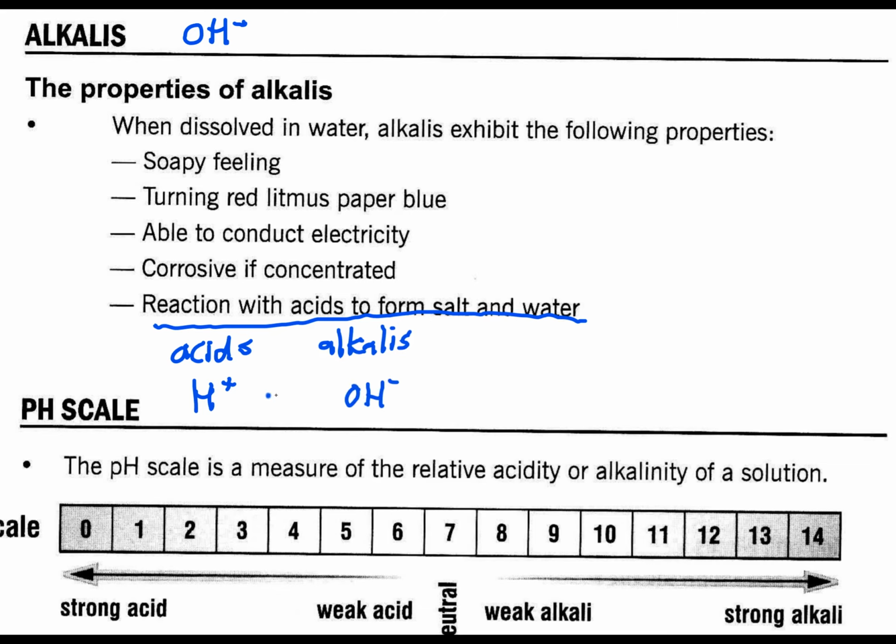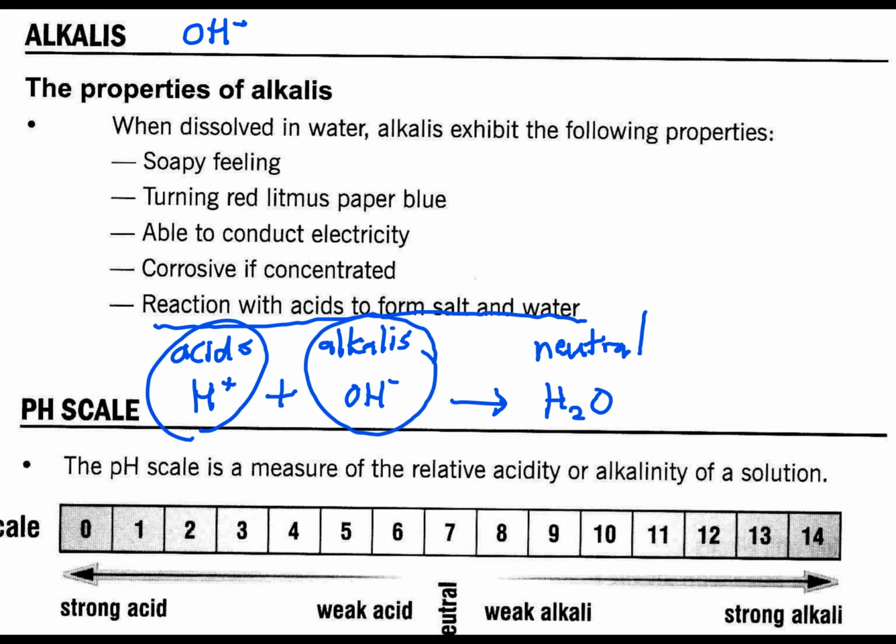When these two ions come into contact with each other, they combine to give you water, which is a neutral product. Hence, acids neutralize an alkali to give you neutral water.